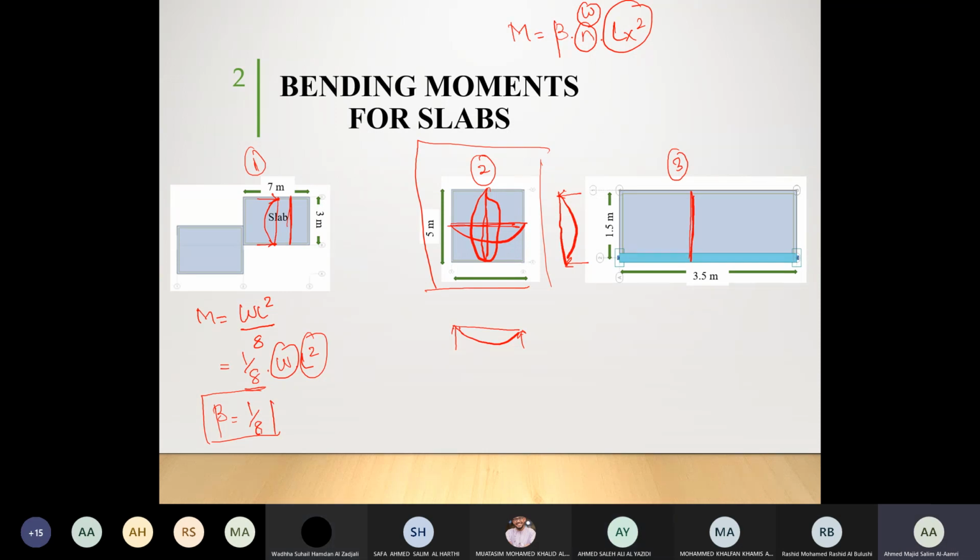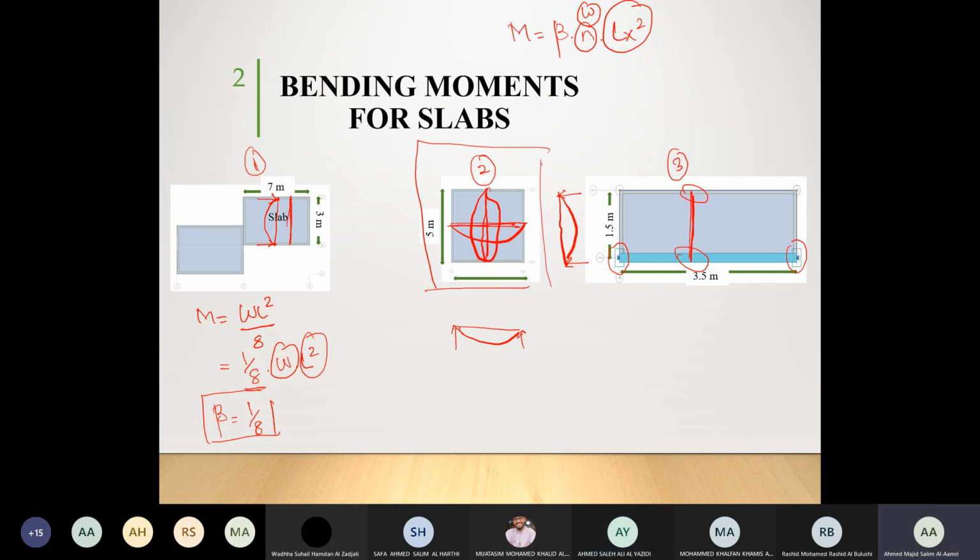Okay. Now, do we have a support on the other side? Do we have a support here? Is there any beam shown? No. The blue color is representing what now? Can you see that these are columns?